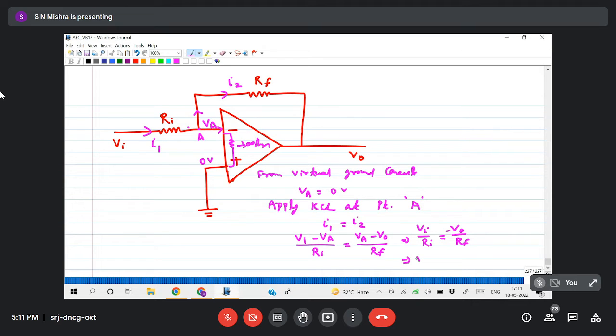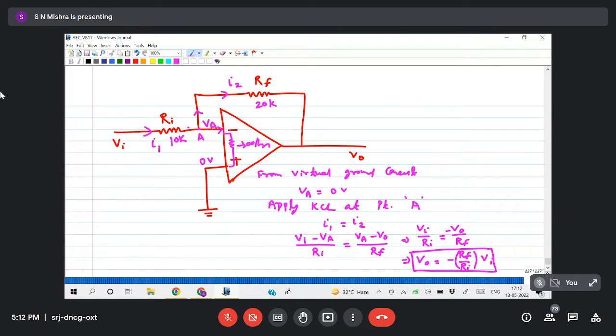Now if I want to find V0, just take Rf to one side and the negative sign to the other. What I get is V0 equals minus Rf by Ri into Vi. So we have found the output voltage in terms of the input voltage with the factor minus Rf by Ri. Suppose I take Rf as 20 kilo ohm and Ri as 10 kilo ohm, then V0 is 2 times the input voltage with a negative sign.